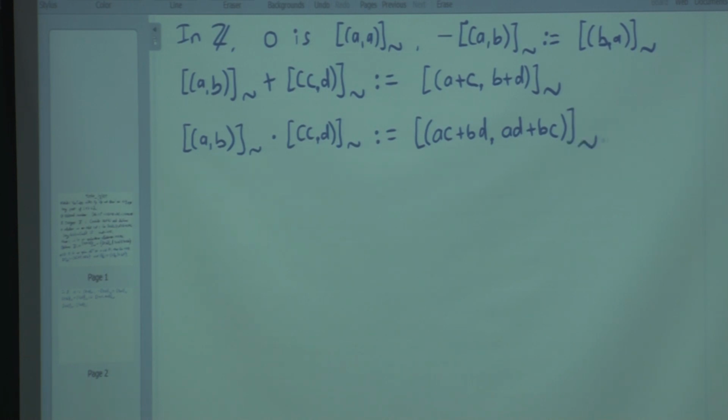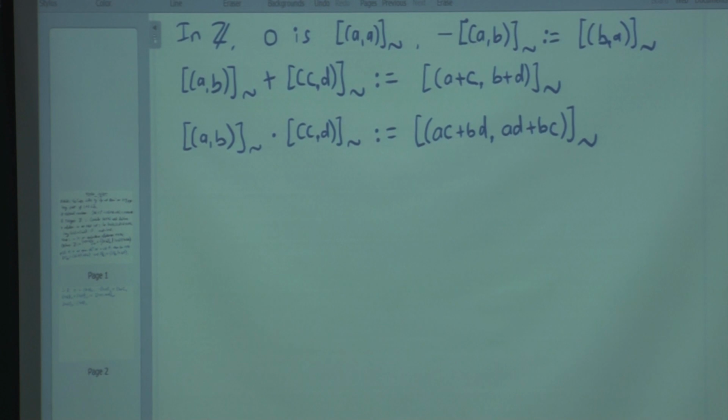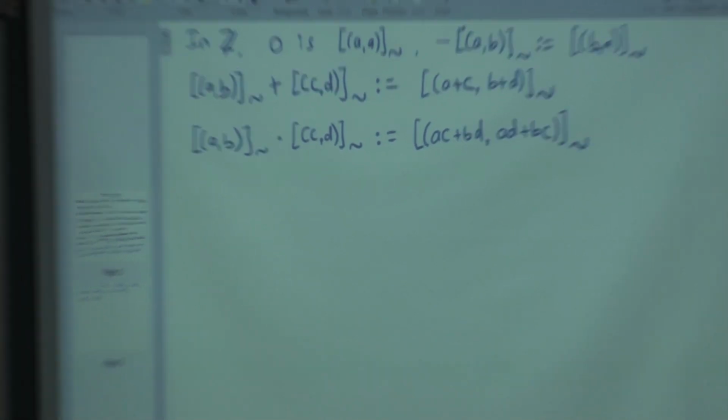So these are all the equivalence classes. Exponentiation I am not going to do. You do it on your own, because the exponentiation is only defined for natural powers, not minus powers. The values won't lie here. So let's just be content with this definition.